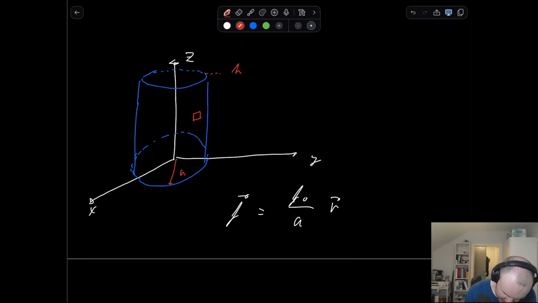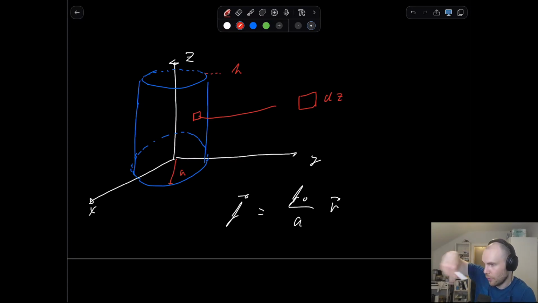And a piece on the side, if I took this side out from the cylinder, it just has some bend there. The height is just dz, and the smallest piece along the bend is d theta. But theta is not a distance, so to add to d theta, I need a.